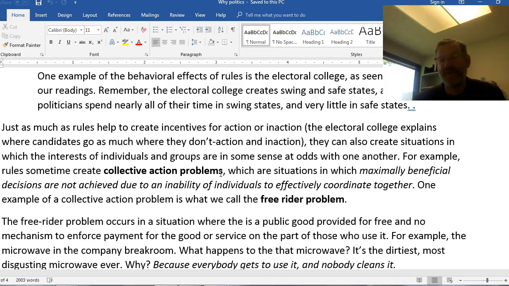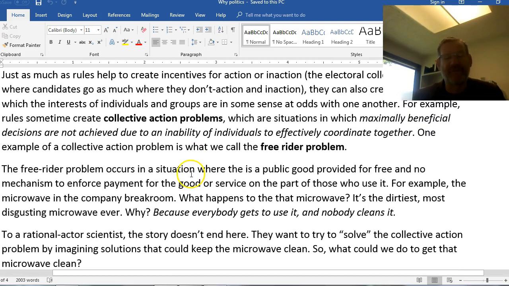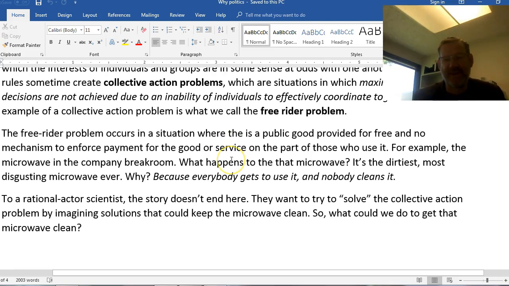For example, the microwave in your company break room. Students laugh when I talk about this sometimes, and for good reason, because they've seen that microwave. That microwave is really, really gross. Okay? The microwave in the dining hall at Ohlone College is not super gross because someone actually has to come by and clean it.